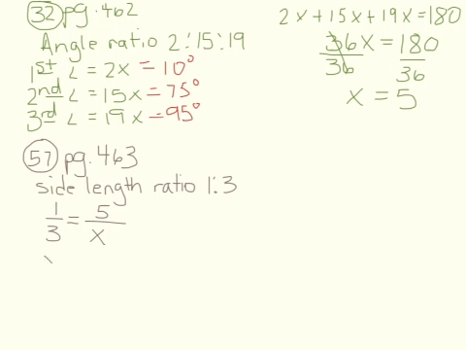So when I cross multiply, that side length is 15, and that side length is SU. That's the height of the big triangle. And I can just keep going and do that each time.